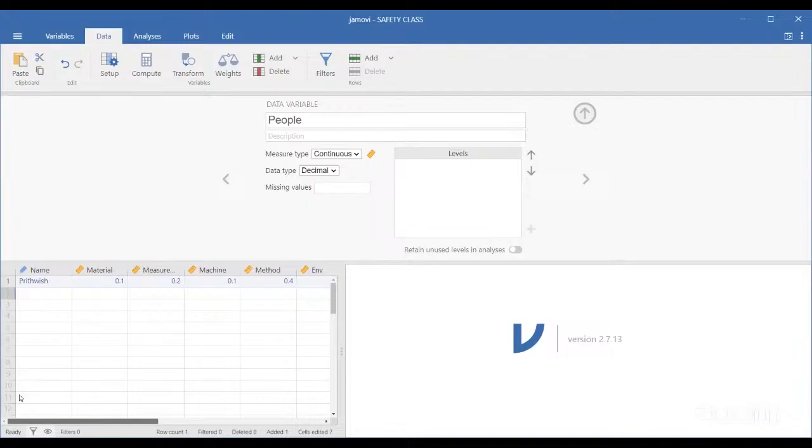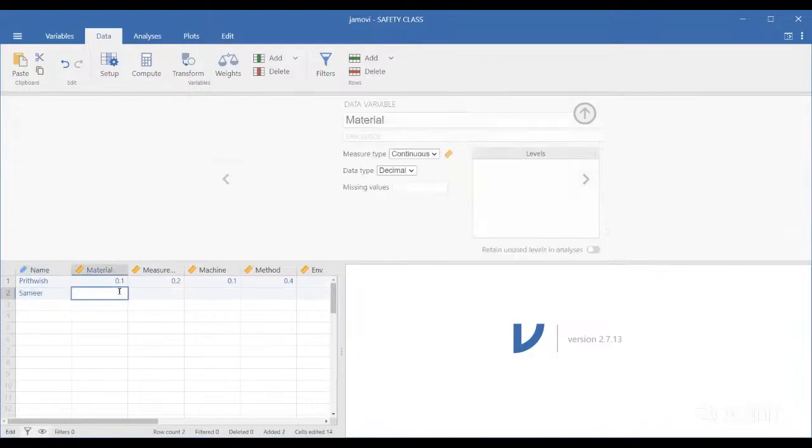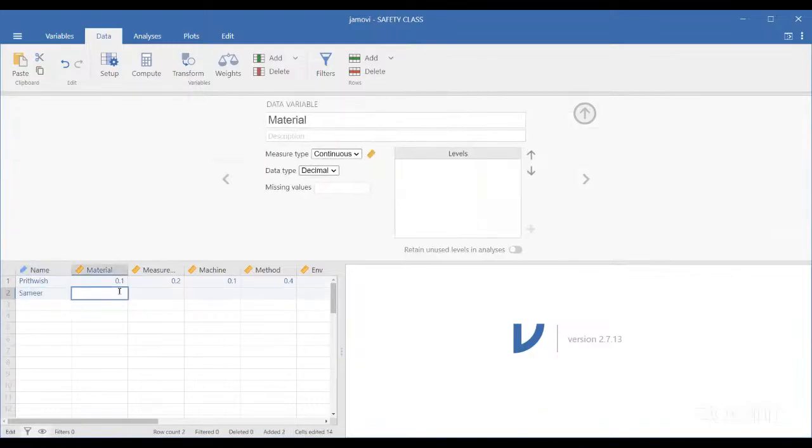Who is the next? Anand. Okay, Shomir, please you start. Write down Shomir. Material is 0.1.